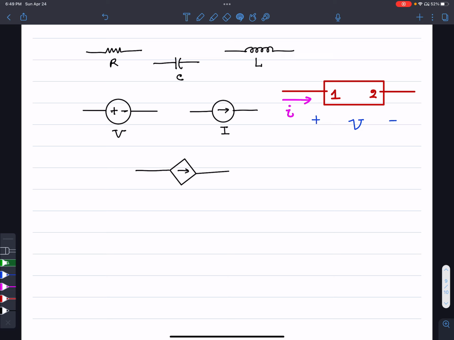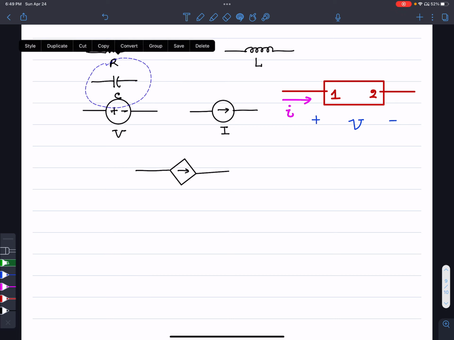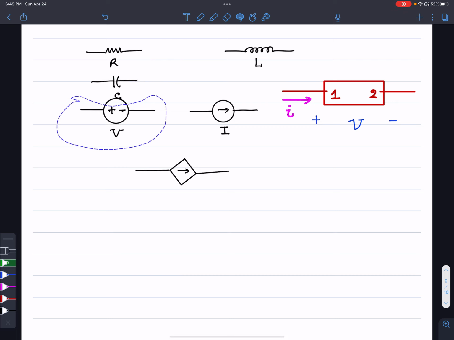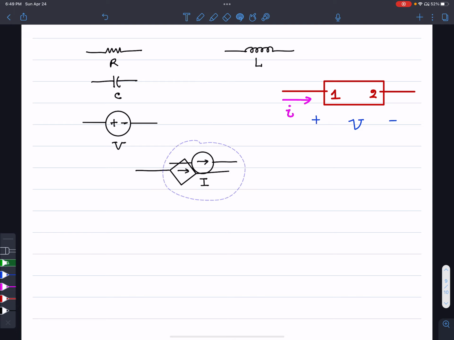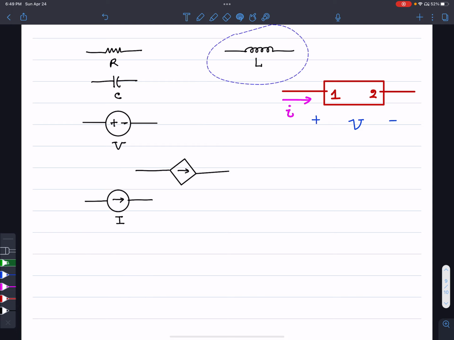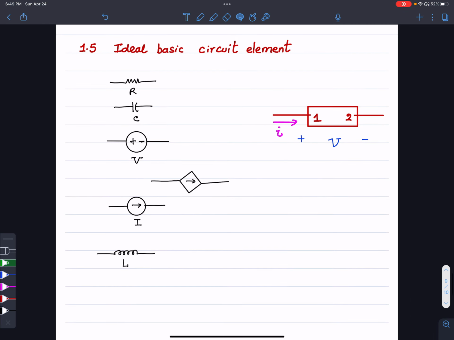Resistance is a fundamental, basic property of the element. It cannot be expressed as something else. Capacitance, inductance, and so on are all basic properties of circuit elements, and hence my basic circuit element represents the different circuit elements that we are going to encounter in this course.